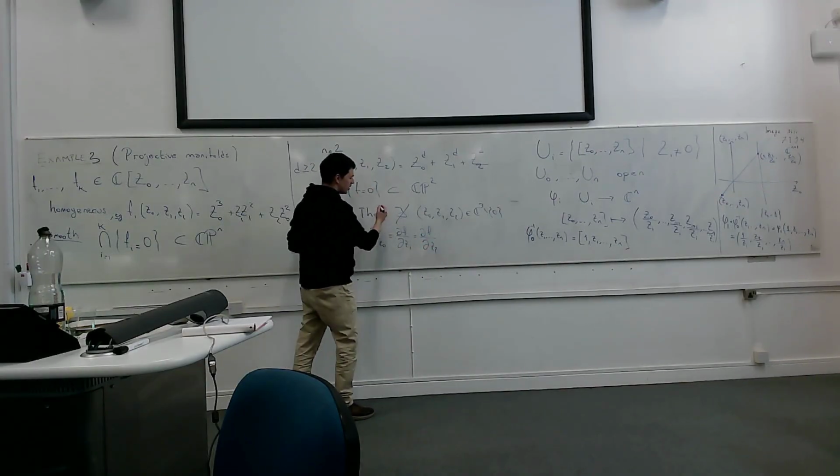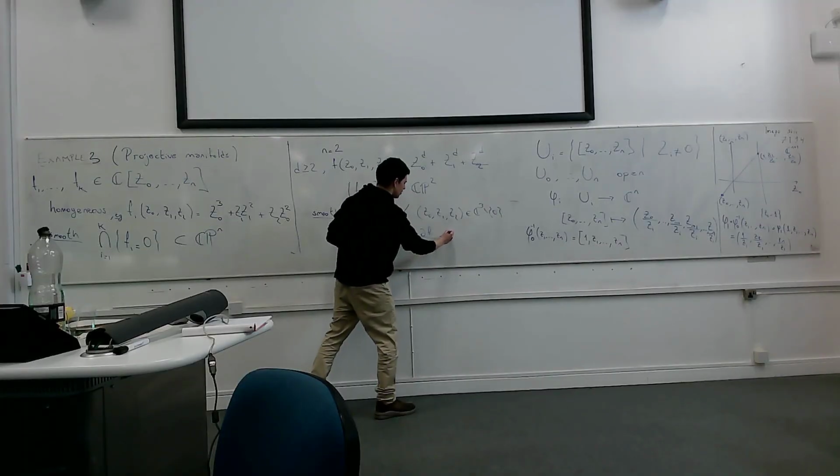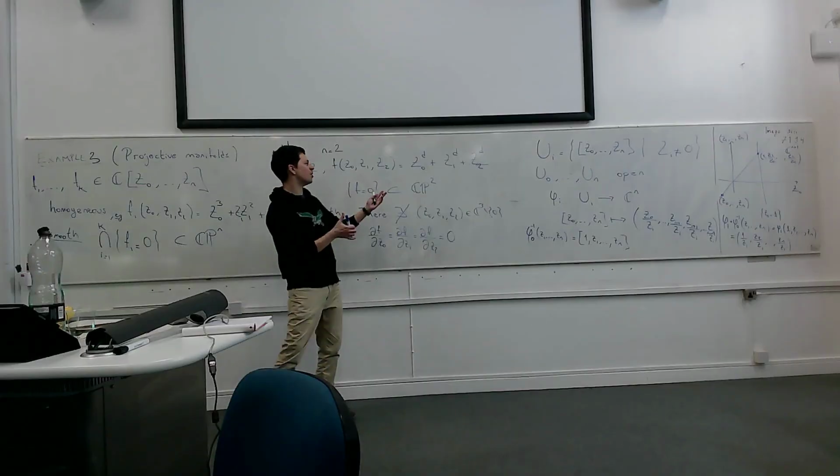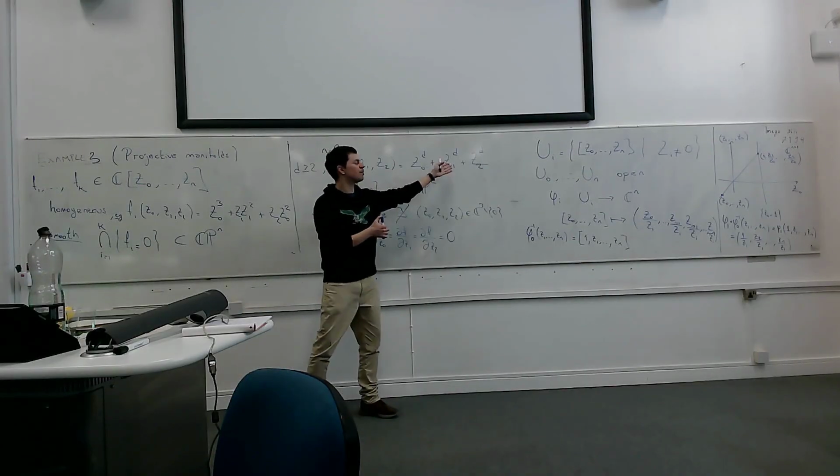If this condition is met, then the zero set in projective space is smooth. The zero set in C3 is always singular because the origin is always a singular point.